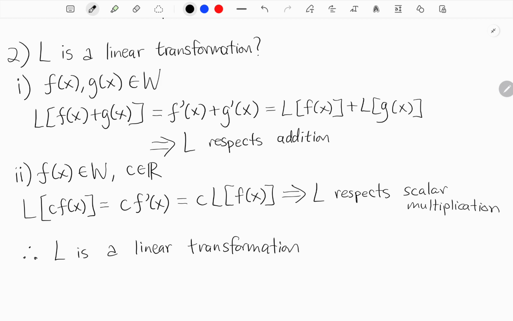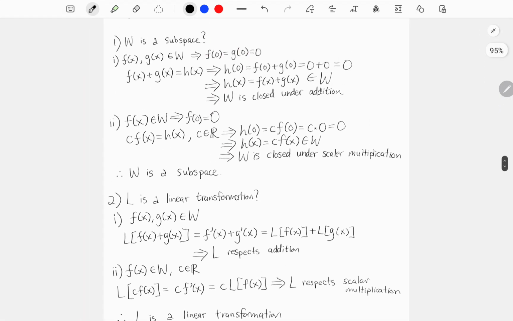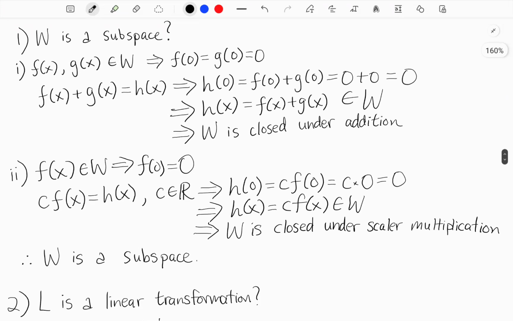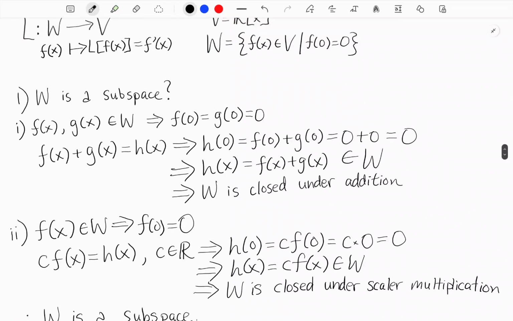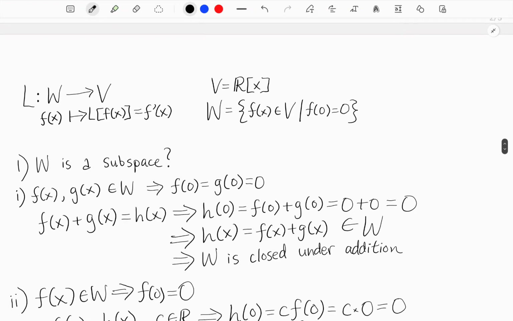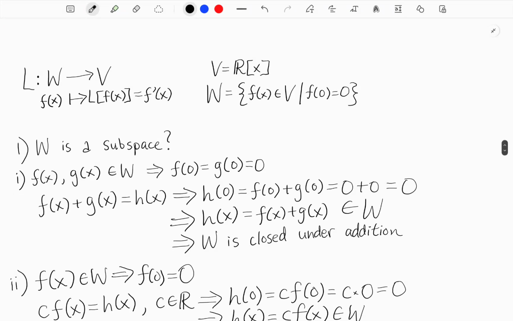And I guess I should have mentioned earlier, in checking whether or not W is a subspace, I need to check if W is empty or not. Meaning, in order for it to be a subspace, I need at least one element. So that's just one nuance criterion. Let's just say 0.